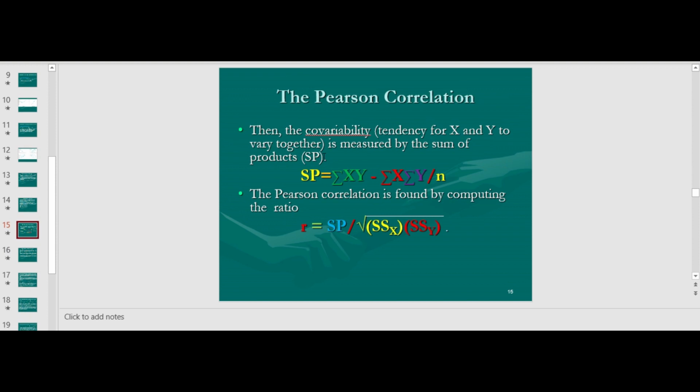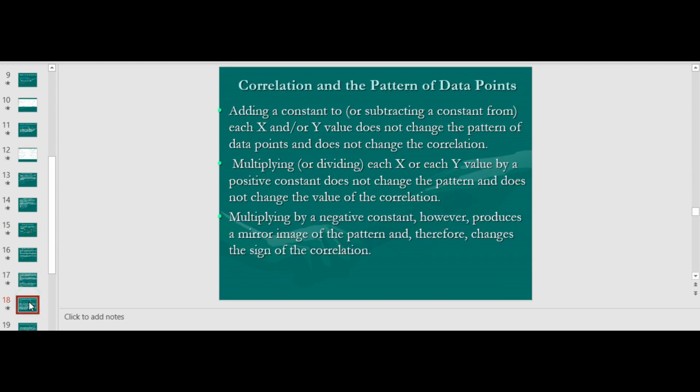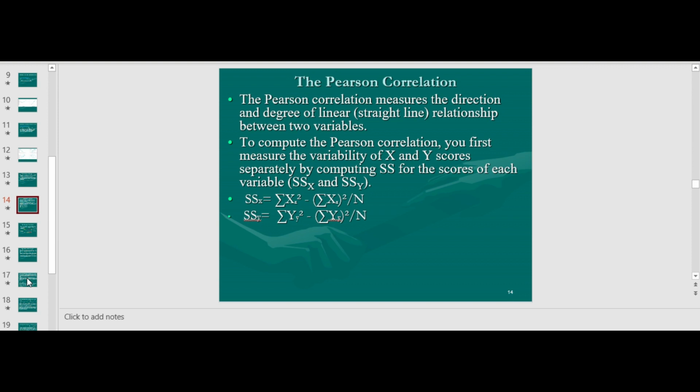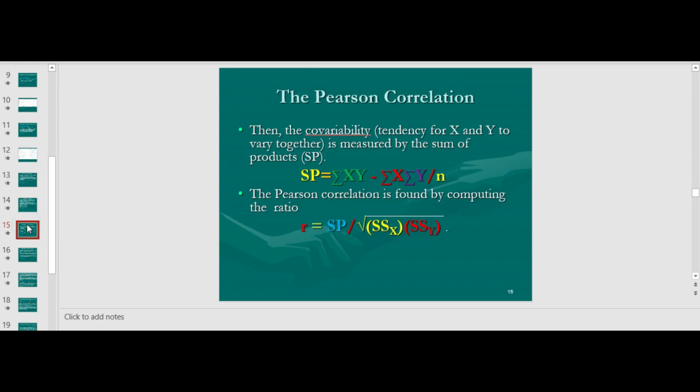So first we have to calculate the amount of variability found in the separate scores of x and the separate scores of y. Then we find the co-variability between the two variables with this formula.